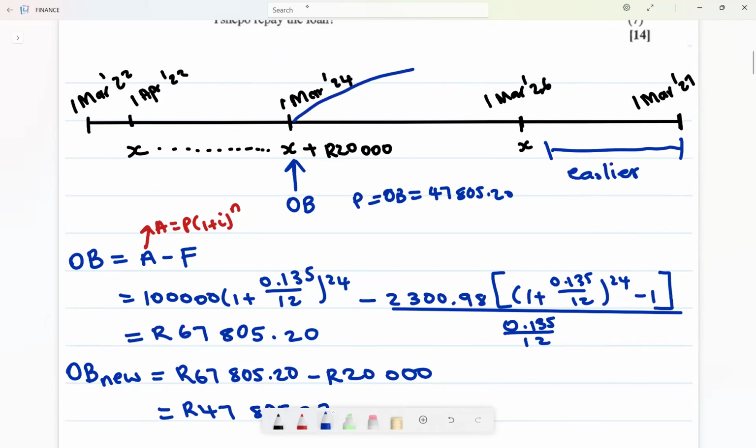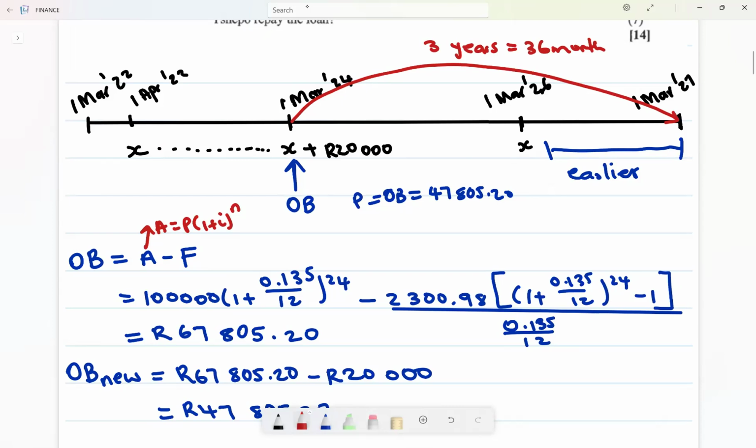Remember, he was left with how many months? Initially, let me use a red color. Initially, he was left with 3 years, which is equal to 36 months, after making the 20,000, because the loan was 5 years.